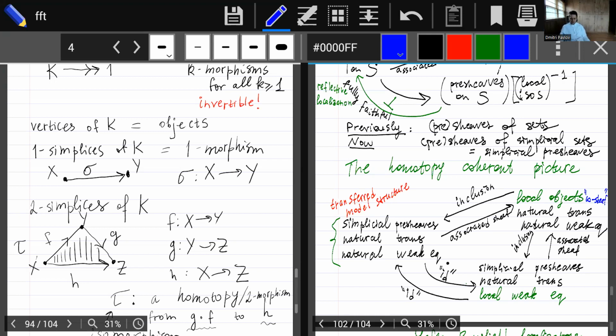As before, it creates a notion of a local weak equivalence of simplicial presheaves. Namely, you would say that the natural transformation is a local weak equivalence if after applying the associated sheaf functor, you get a natural weak equivalence of the associated sheaves.